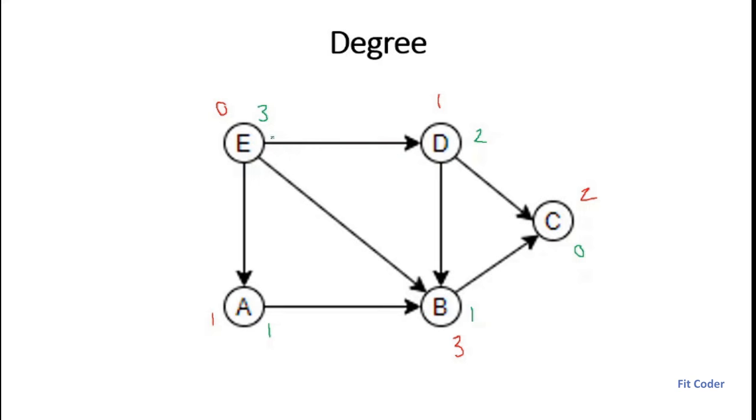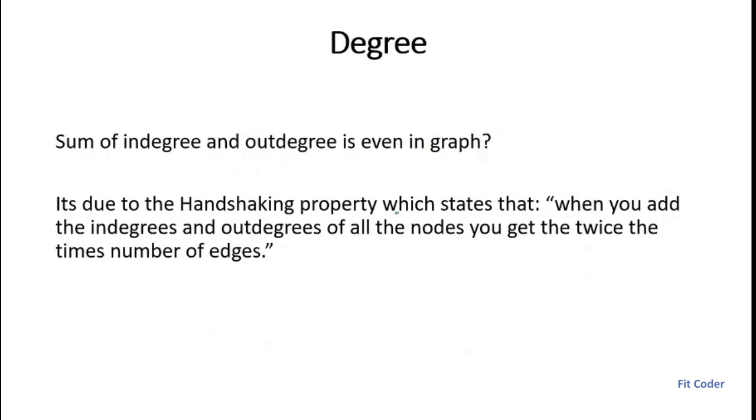So this edge is considered as an out degree for vertex E and as an in degree for vertex D. As each edge comprises an in degree and an out degree, it is a multiple of 2. So we can say that it will be even. So the sum of in degree and out degree will be even for a graph.